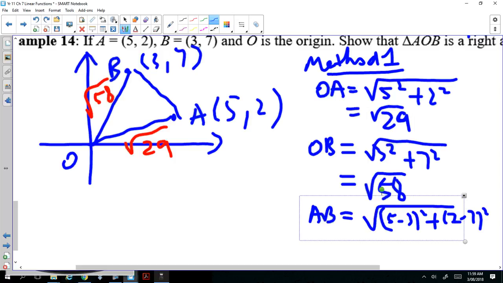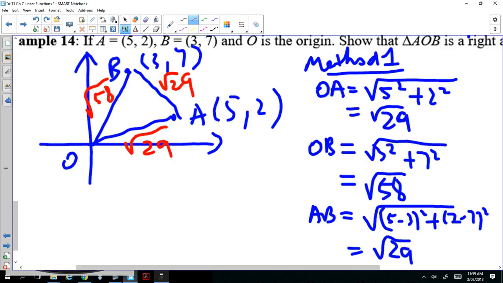Now, does that make this a right angle triangle? I think it does, because the longer side, OB, could be the hypotenuse. So if you go OA squared plus AB squared, you get root 29 squared plus root 29 squared. What do you get? You get 58.